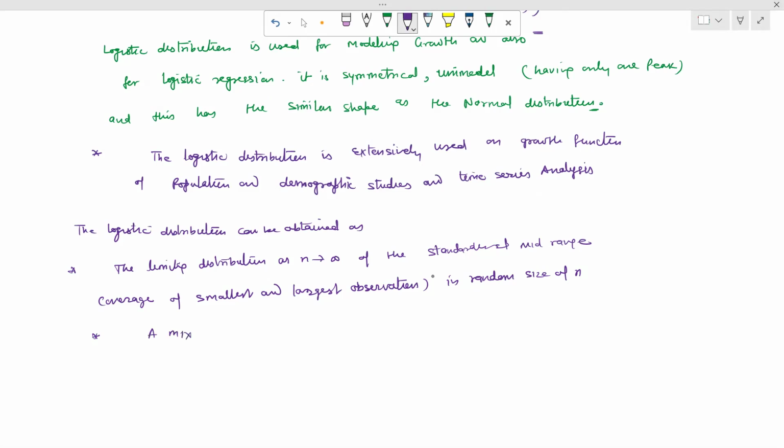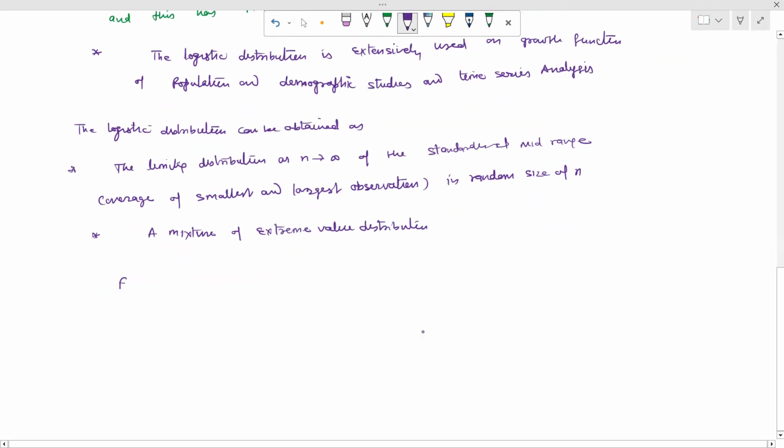Or second, as a mixture of extreme value distributions.